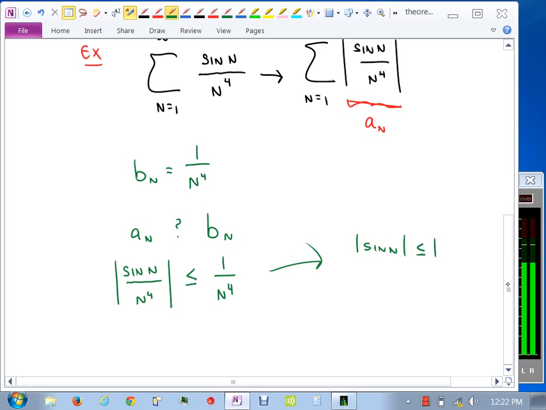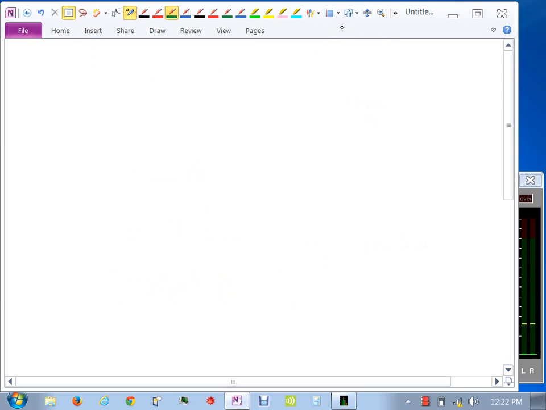All right, now going back to the comparison test, I have that the a is smaller than the b. So I needed for the sum of the b's to do what to use this test? I needed the sum of the b's to converge. I need to go to a new page because I'm out of room.